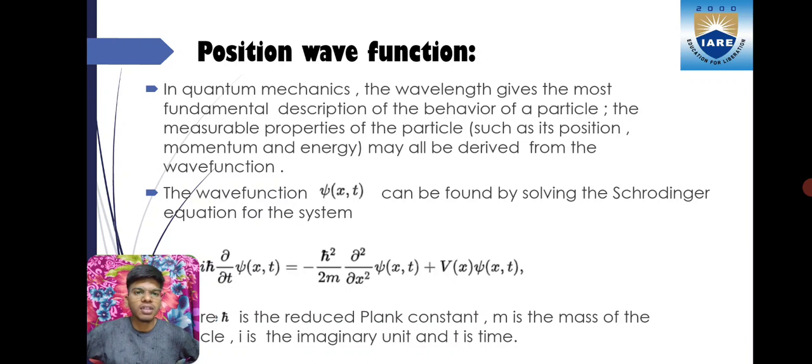The wave function psi(x,t) can be found by solving the Schrodinger equation for the system: i ħ ∂/∂t psi(x,t) = −ħ²/2m ∂²/∂x² psi(x,t) + V(x) psi(x,t), where ħ is the reduced Planck constant, m is the mass of the particle, i is the imaginary unit, and t is the time.